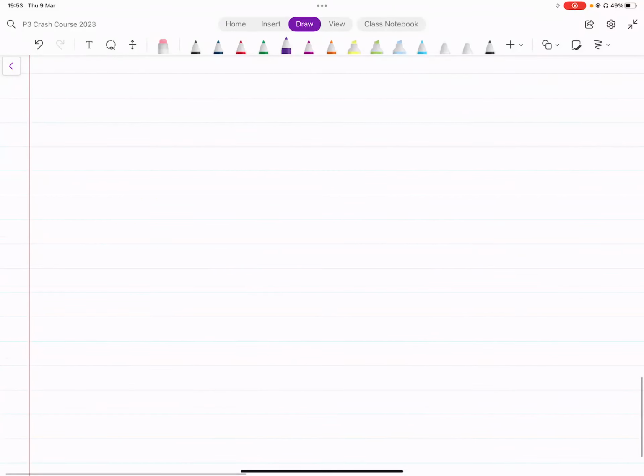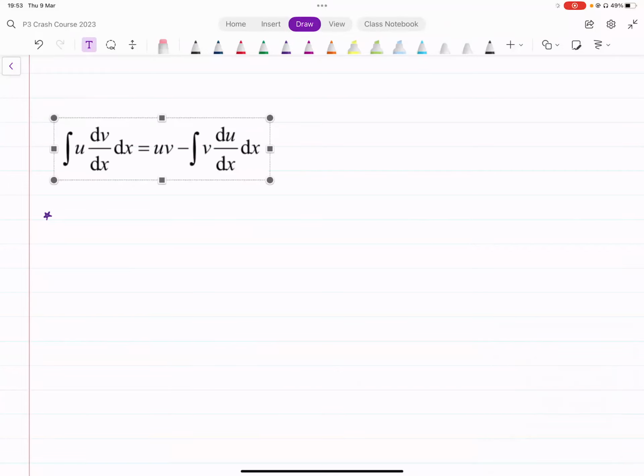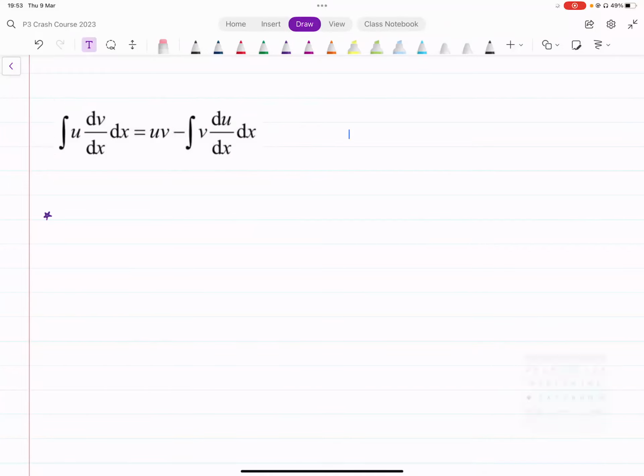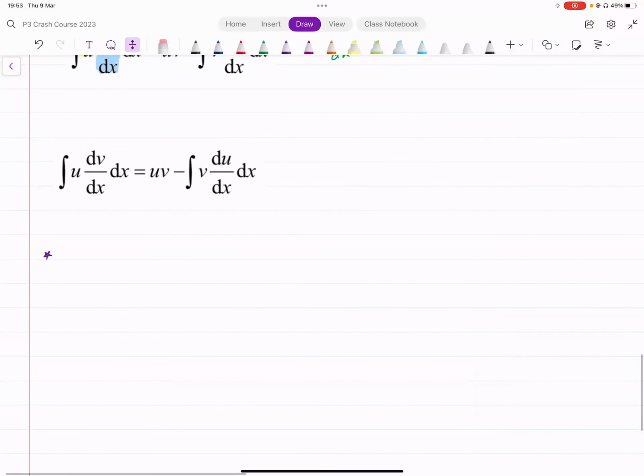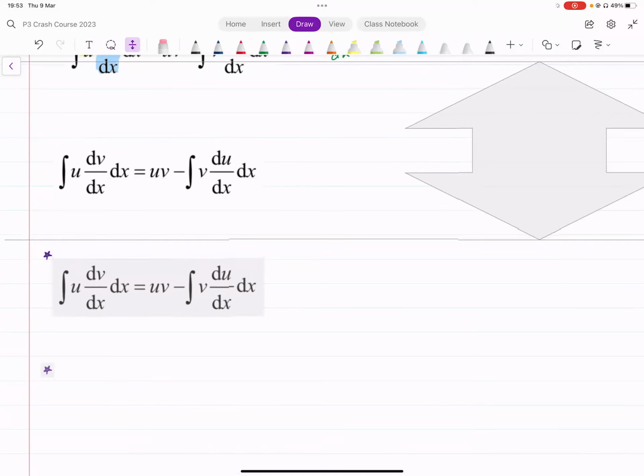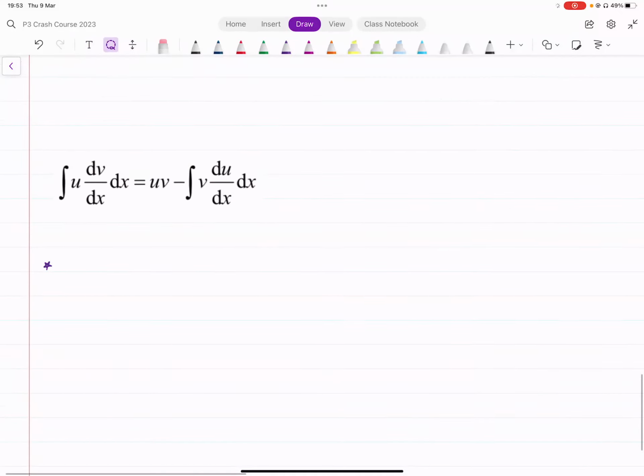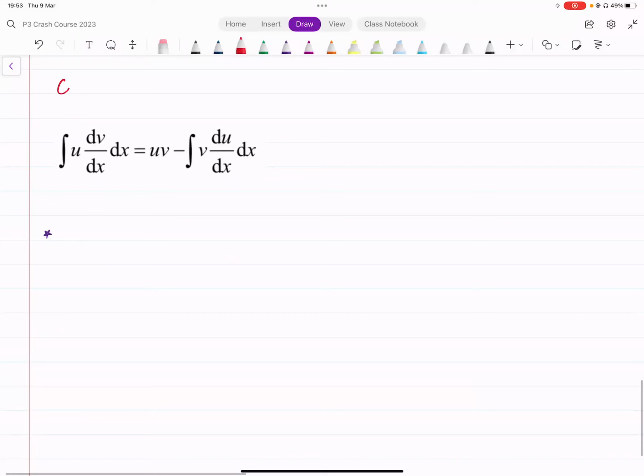So that's the logic, basically, that you should understand here, first of all. When you're using this formula for integration by parts, how do you choose u and v? Let me write down a heading here as well. Choosing u and dv over dx.